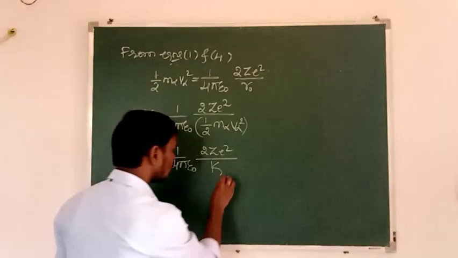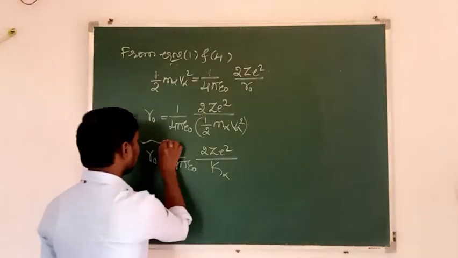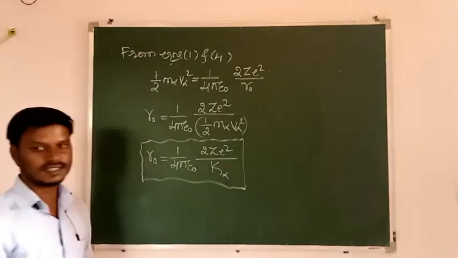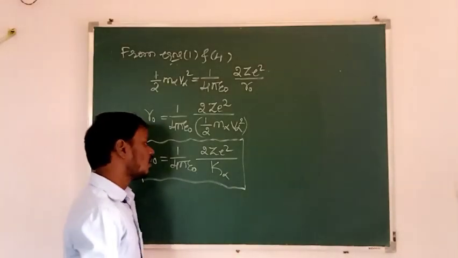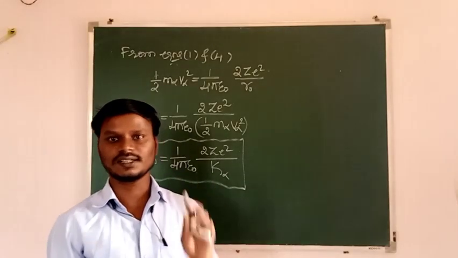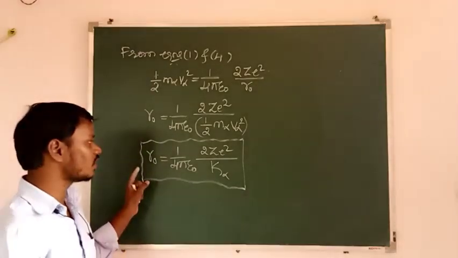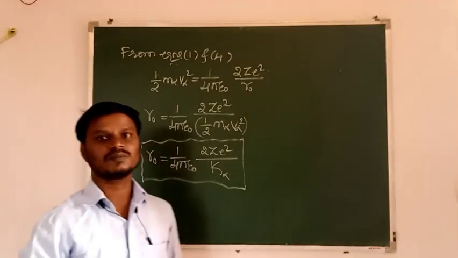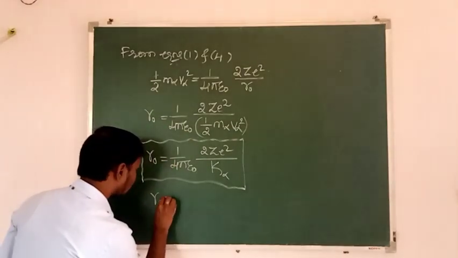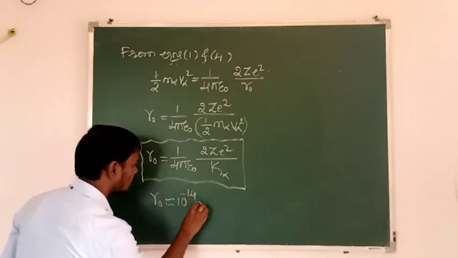K is nothing but the kinetic energy of the alpha particle. If the kinetic energy of the alpha particle is 5.5 million electron volt, and we solve this, then we will get r naught in the order of 10 to the power of minus 14 meter.